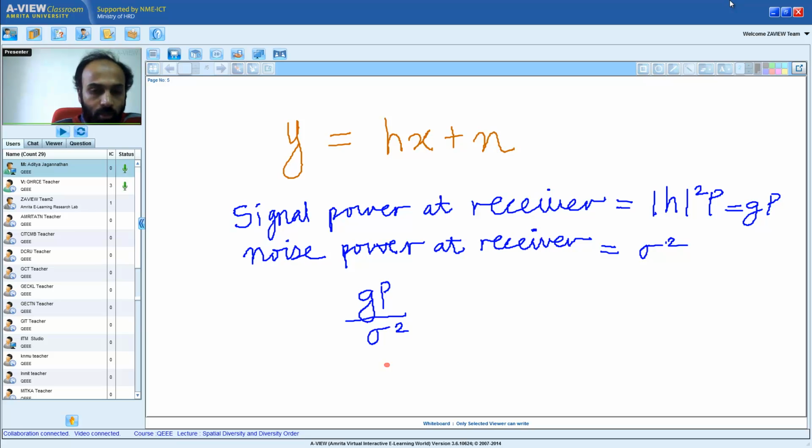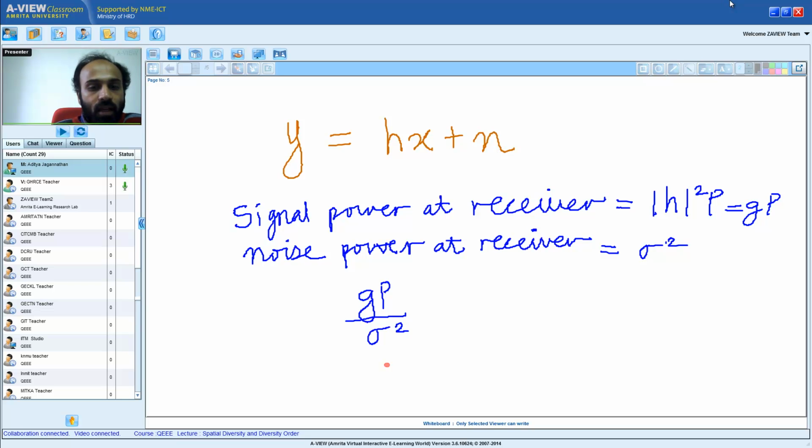What was previously P over sigma square was the SNR because it was Y is equal to X plus N. Now because of the fading channel coefficient, the received signal power depends not only on the transmitted power P, but on the power gain of the wireless channel G. Therefore the SNR at the receiver is GP over sigma square.